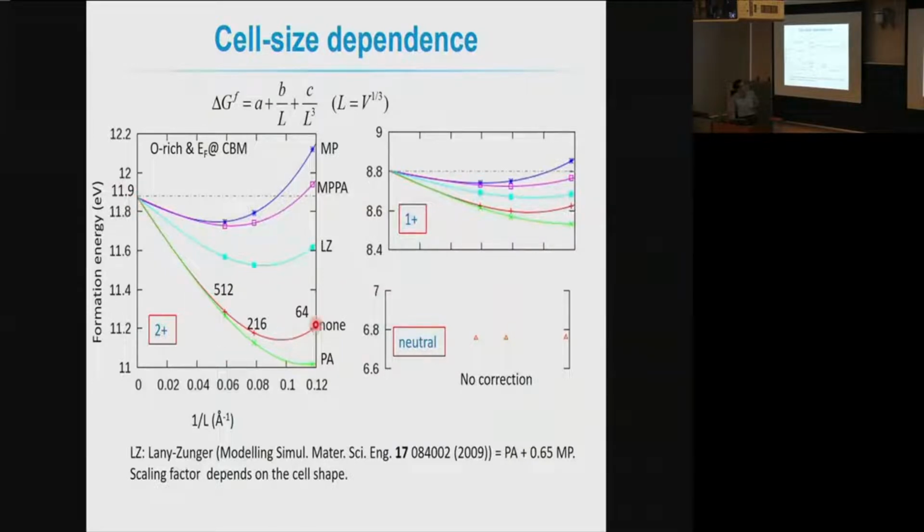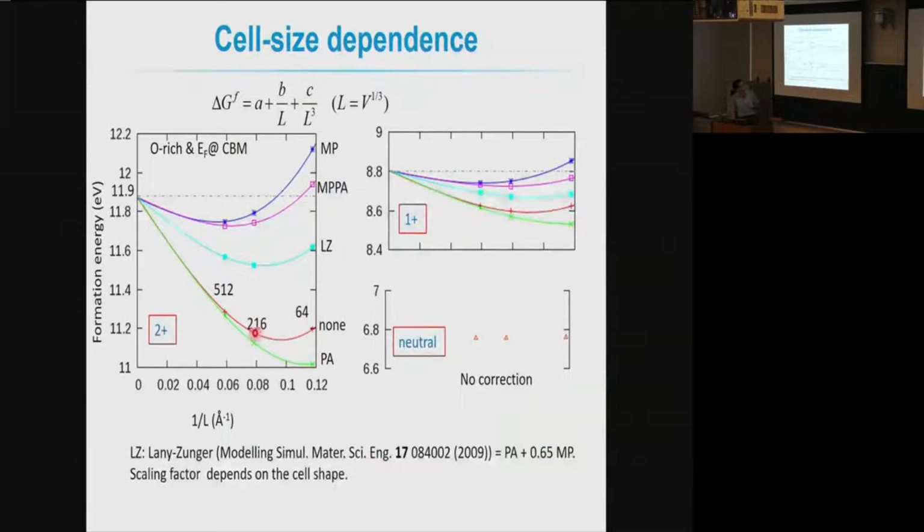So you can see that it has a very strong dependence. So for instance, for the 64 atom supercell, if you have this energy of 11.2, then actually the converged value should be 11.9. There is a huge difference, okay? So you have a very strong cell size dependence in the formation energy, especially when it is highly charged, all right?